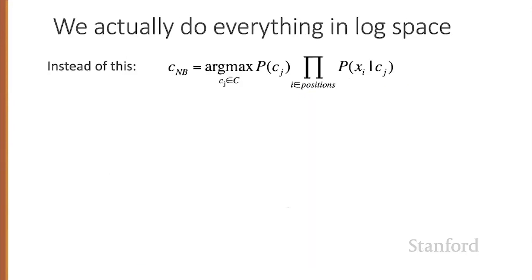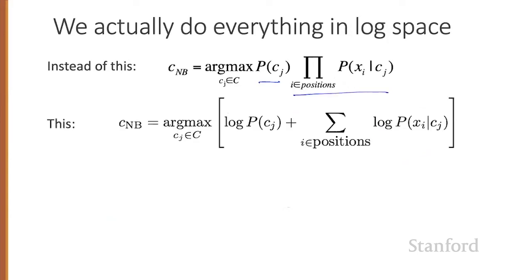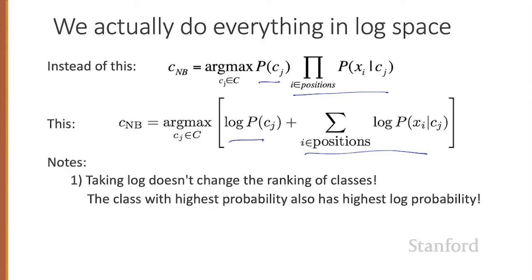So instead of the equation we've seen, where we choose the class by taking the argmax over the prior times a product of a whole lot of likelihoods, we're instead going to take the argmax over the log of the prior probability plus the sum over the log probabilities of each of the words in each of the positions. Now, taking the log, importantly, doesn't change the ranking of the classes.